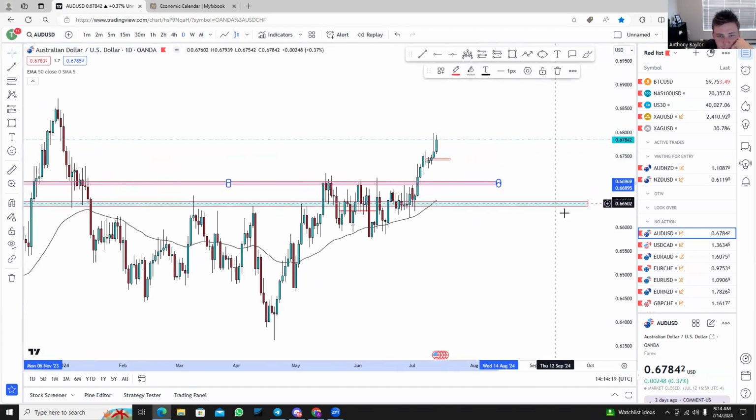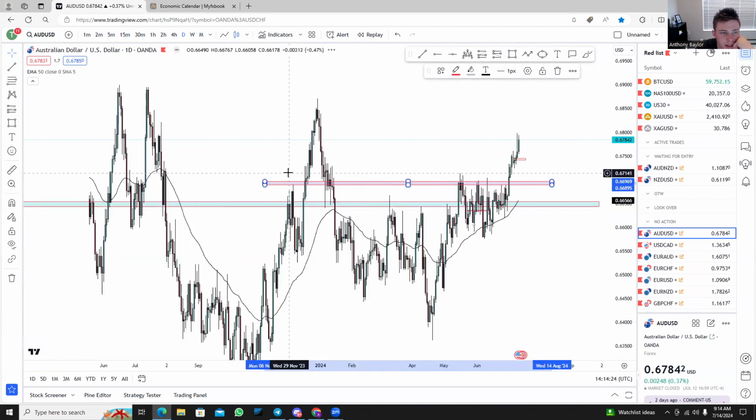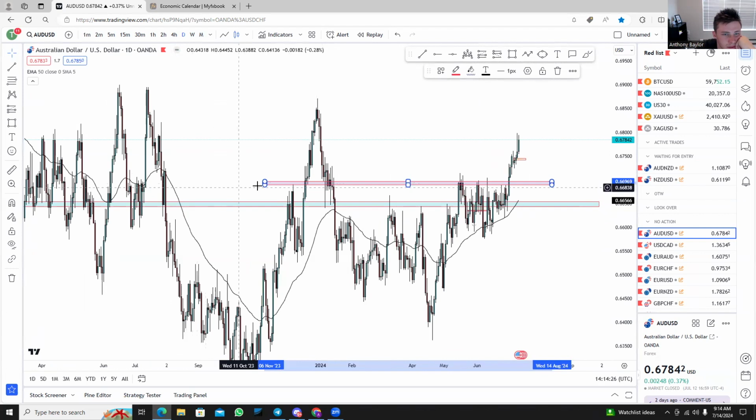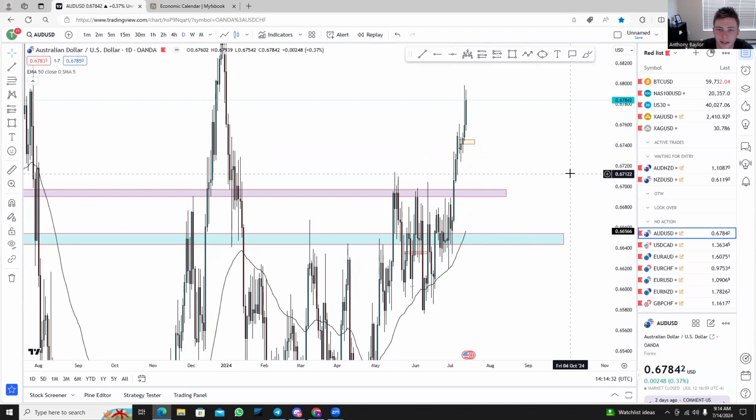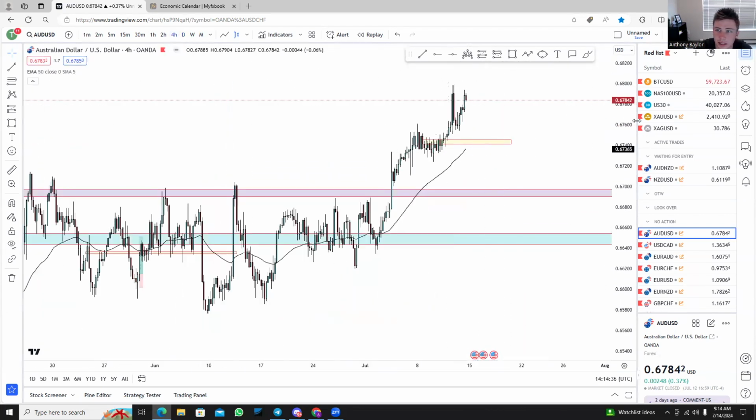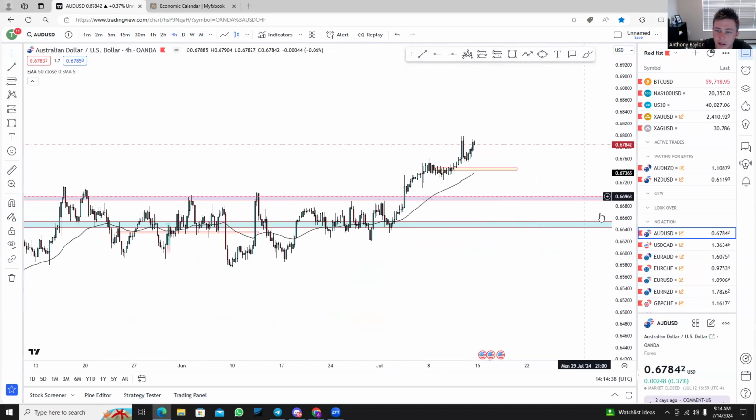I don't think it's gonna come down that low. It's a good possibility. I don't even like that. I mean, it's not bad, but it's not great. So for daily, I don't know what's gonna happen on this trade. It's kind of in no man's land right now.